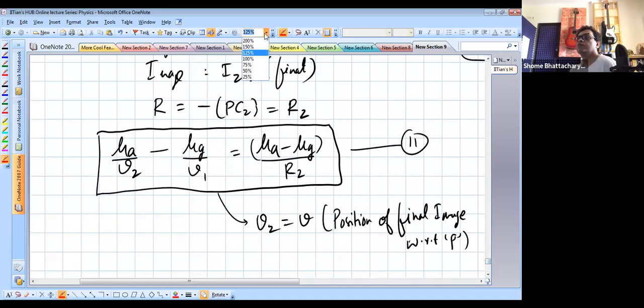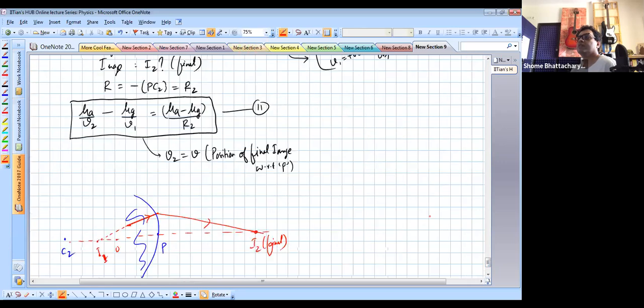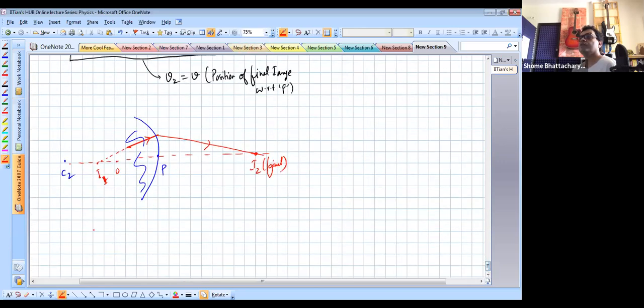So now what we have to do is solve equations 1 and 2 such that we get the relation between u and v. Okay, so for that you just add equation 1 plus 2. The moment you add the two equations, you will see the left hand side is very simple.